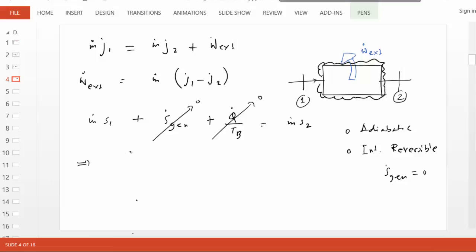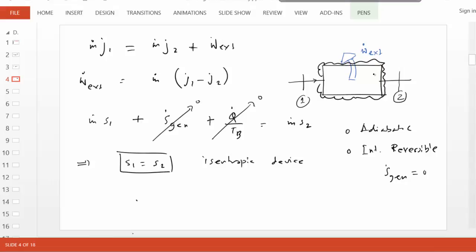That produces a special class of device. Can you see that? It's called an isentropic device. So in case it's a turbine, the amount of work produced will be maximized. If it's a compressor, the amount of work consumed will be minimized.